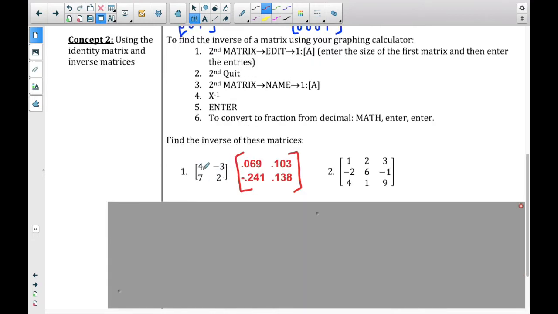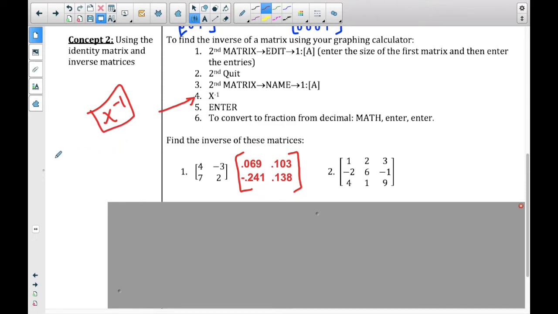Okay, hopefully you've gotten this into your calculator now. So you enter the matrix, and then to find the inverse matrix, you press this x to the negative 1 button. X to the negative 1 works with numbers, and it works with these inverses. It just means 1 over.